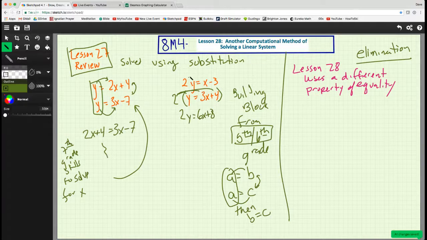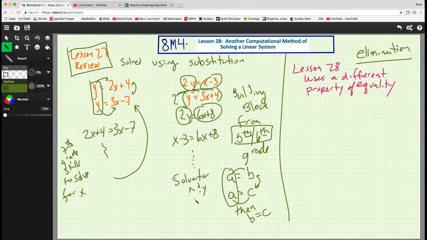And now we had 2y equals x minus 3, and 2y equals 6x plus 8. So now we could make these two equal and then go about solving for x and y. We're going to use a similar multiplication trick here in elimination as well. So keep your eyes open for that.